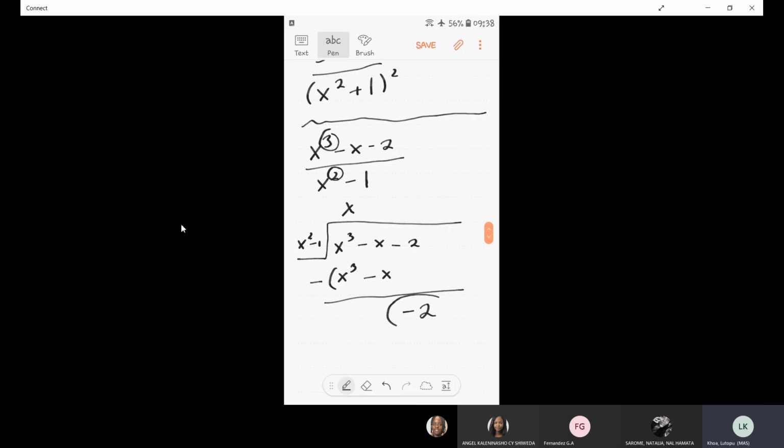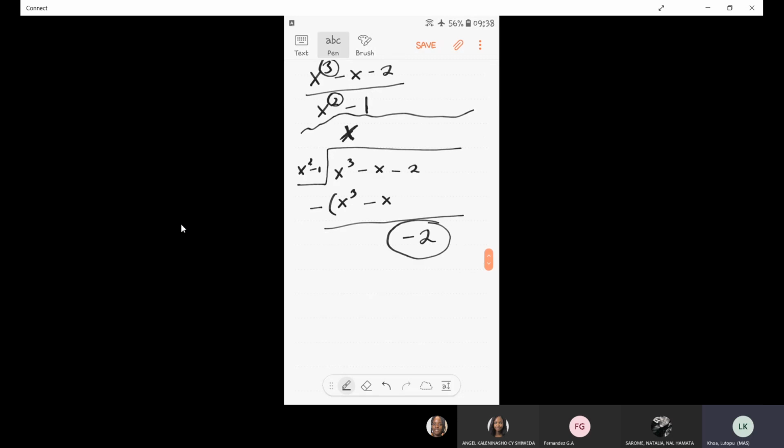Then when I have a term over here whose degree is less than what I have over here, this is my remainder. So on top over here I have x, just to write it nicely, just draw a line to separate.